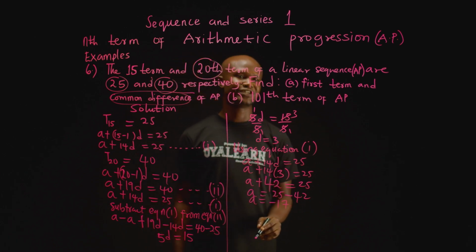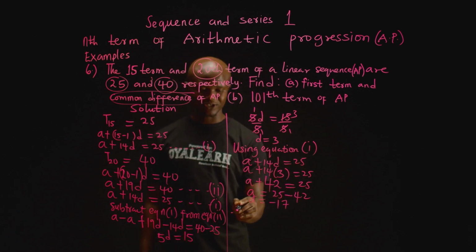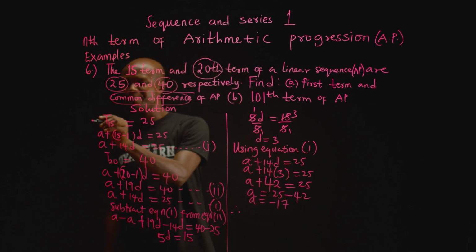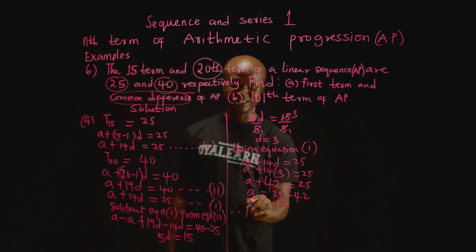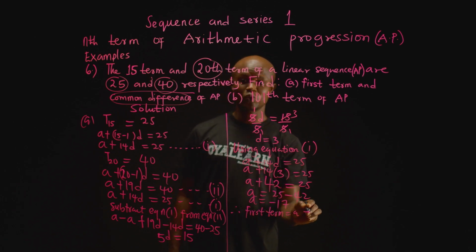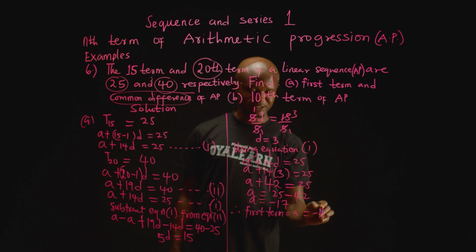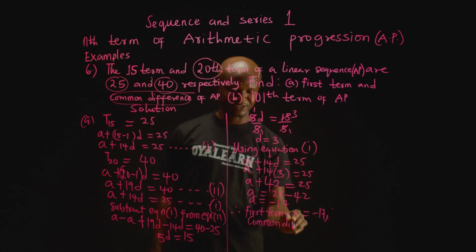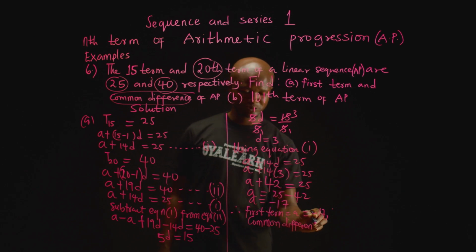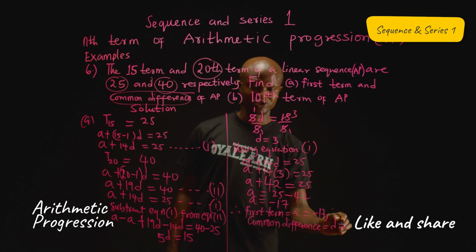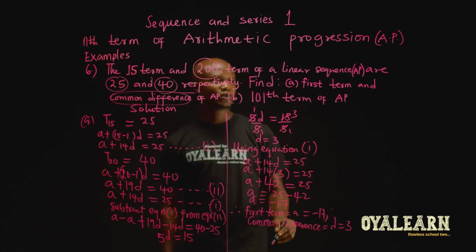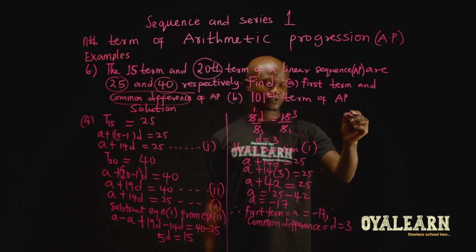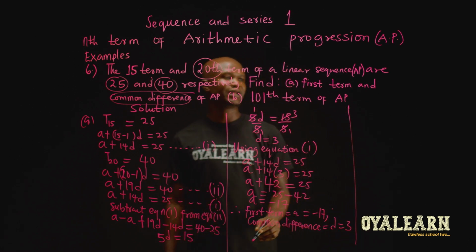Now we can conclude for the first part of the question, the A part: the first term A equals minus 17, and the common difference D equals 3.